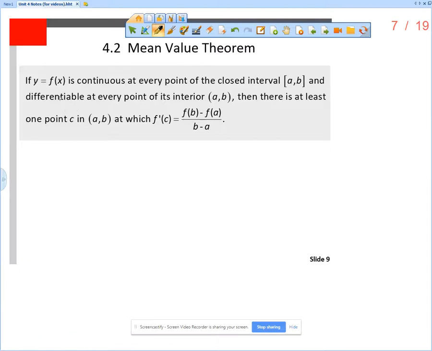First of all, if a function is continuous on the interval a to b, what does that mean? That means if we have a graph, we start with an endpoint at a and an endpoint at b, and we go from a to b without a hole, asymptote, a jump, anything like that.